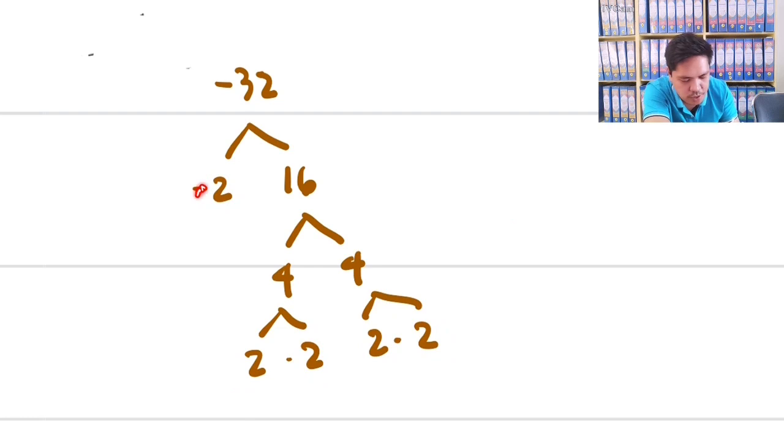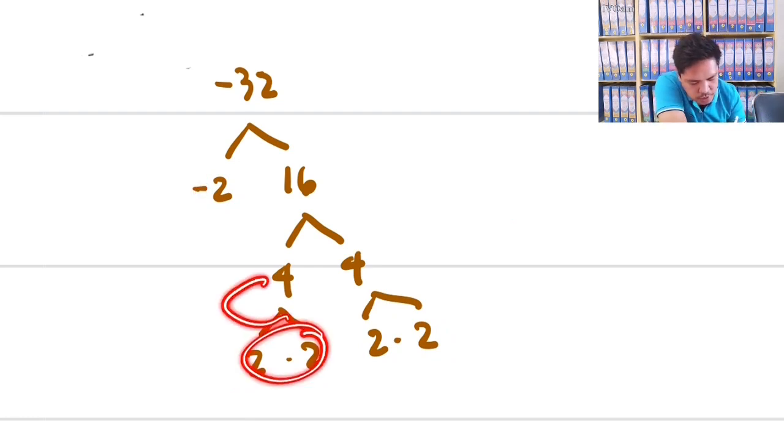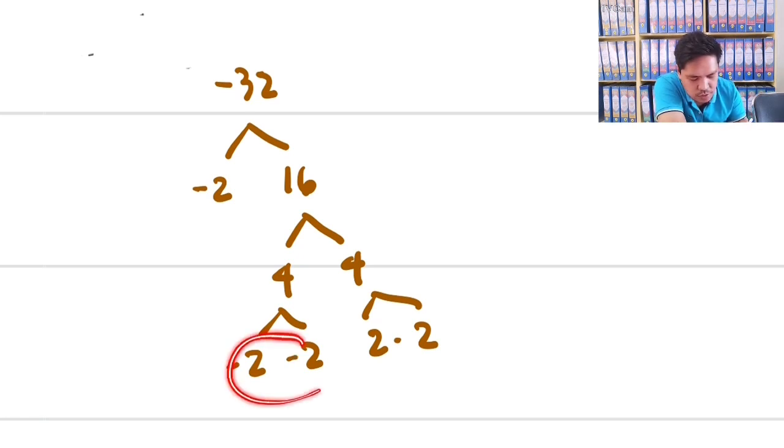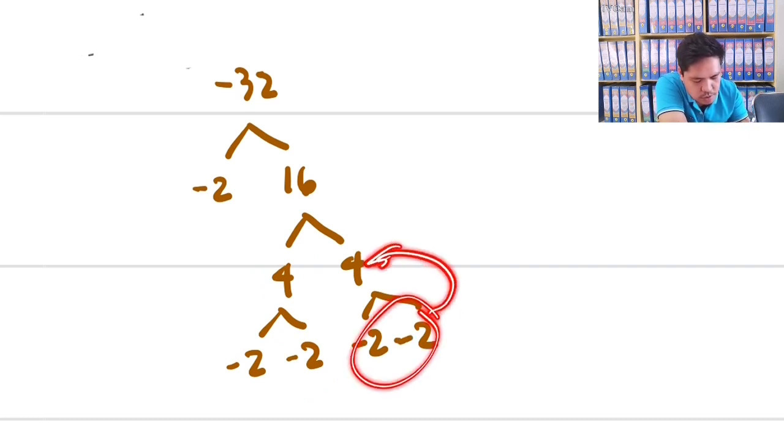Pero may negative tayo dito. Okay. Remember na this becomes positive 4. Okay? And pwede din naman ang positive 4 galing sa negative 2 times negative 2, di ba? The result is 4. Pwede din siya dito, negative 2 times negative 2. The result is still positive 4.